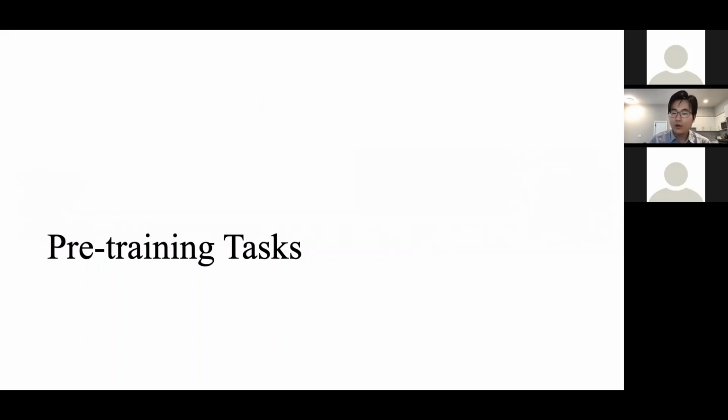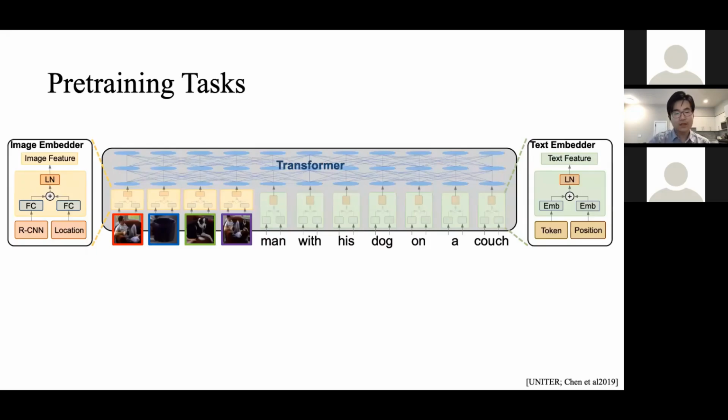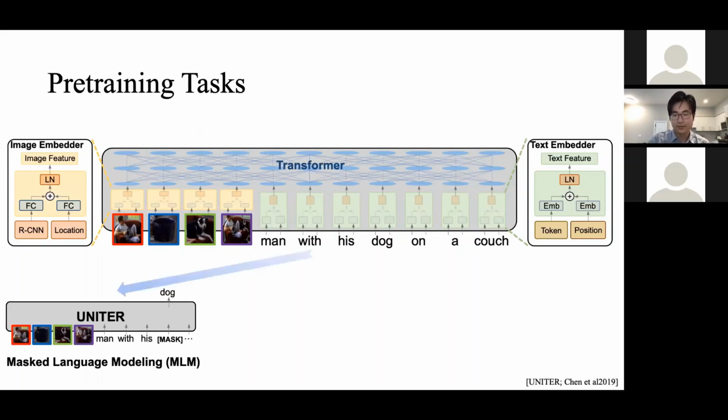Given this model, we could apply different pre-training tasks on top of the output from the transformer. Today, I'm going to mainly talk about three pre-training tasks, which have been widely used in nearly all the works in the literature. The first one is masked language modeling. We randomly mask out some words and try to recover the missing ones.